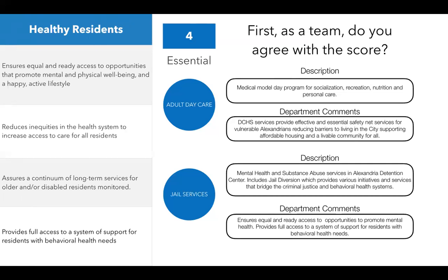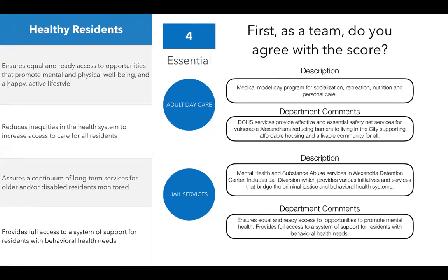So you can read through the description to determine if adult daycare is essential to healthy residents based on the definitions provided. Then you can determine if jail services is essential to healthy residents based on the definitions provided. But then look at the list of programs that have scored in the essential or 4 category and see if that's consistent across all the services.